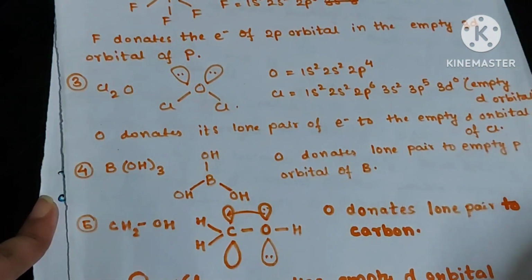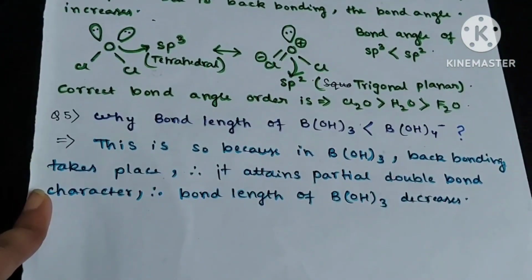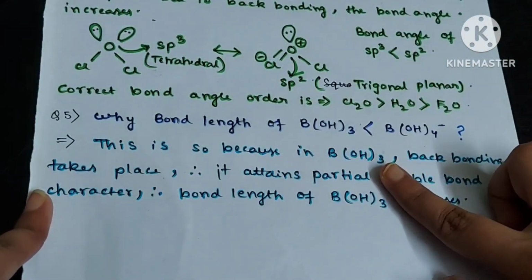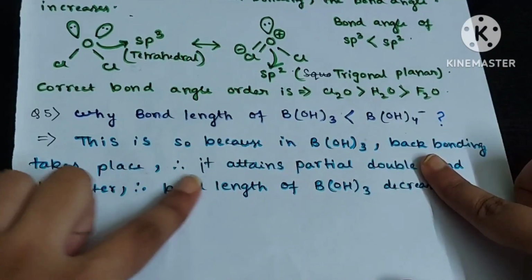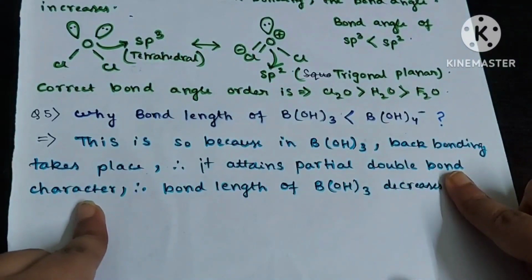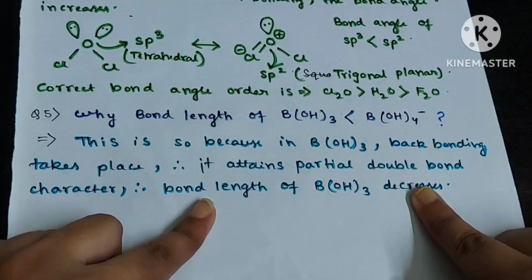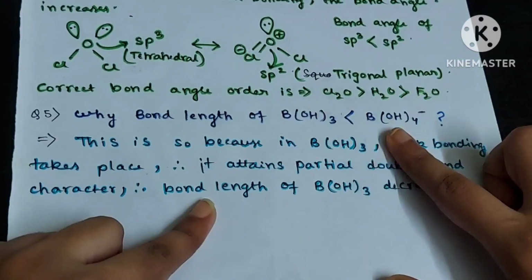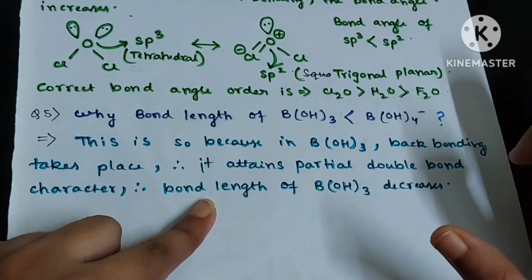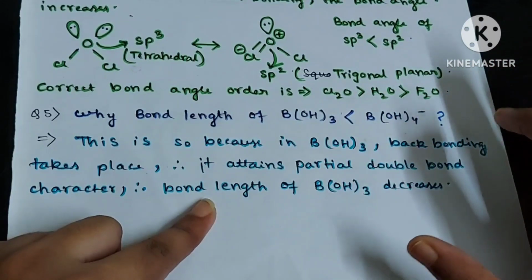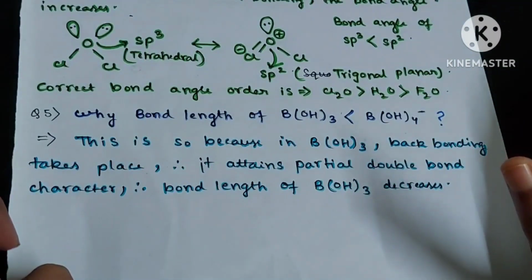Because of back bonding, B(OH)3 attains partial double bond character, therefore its bond length decreases. In B(OH)4 minus no back bonding takes place, so it remains single bonded, and its bond length will be greater.